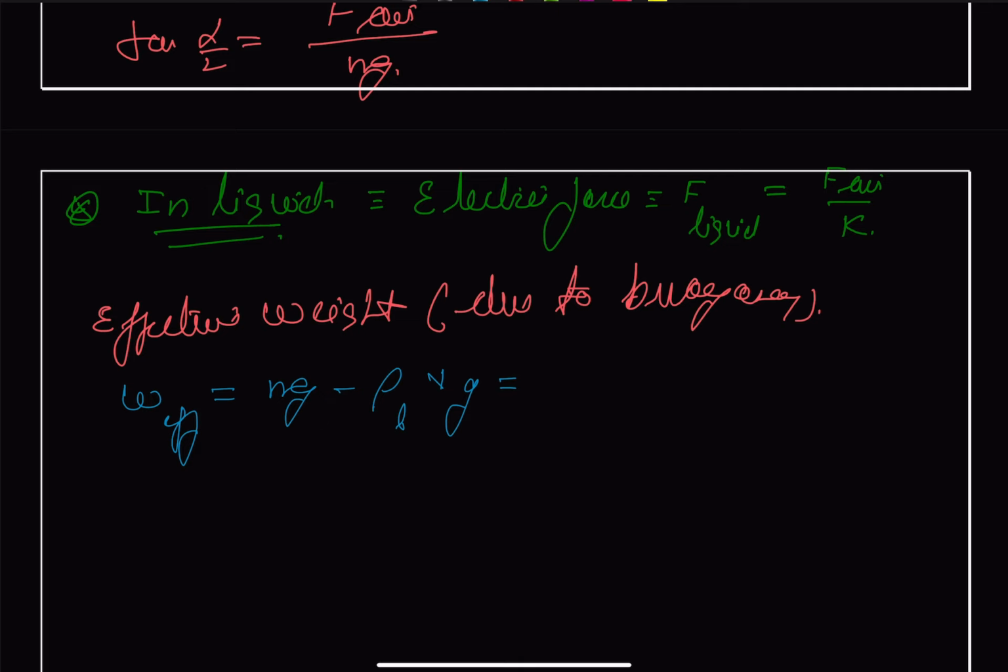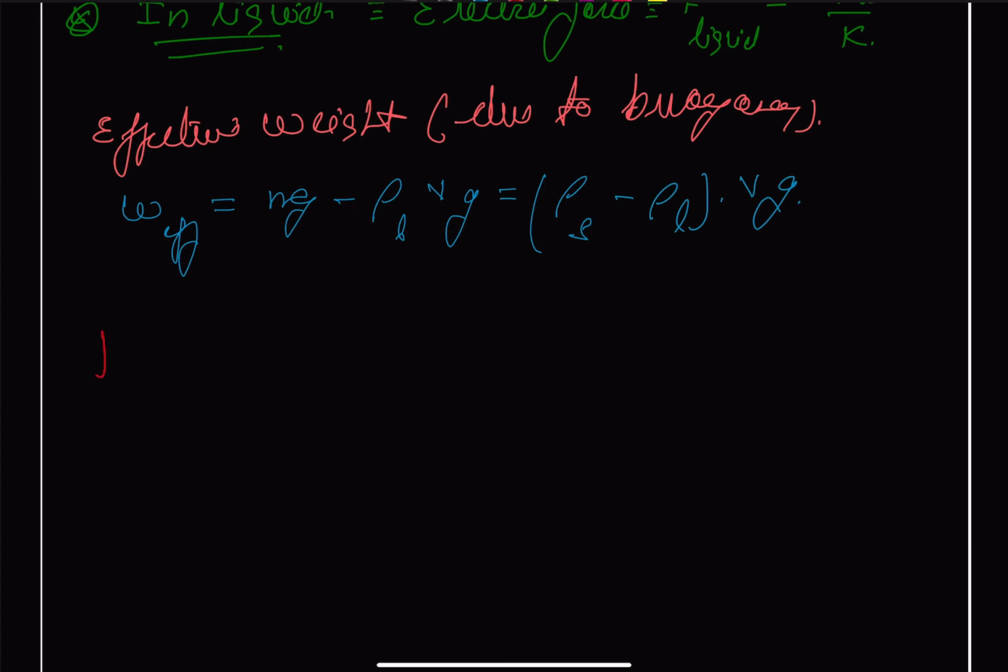And mass is our mass of the sphere, which will be our volume of the sphere multiplied by its density. So we can write this as density of the sphere minus density of the liquid multiplied by volume multiplied by g.